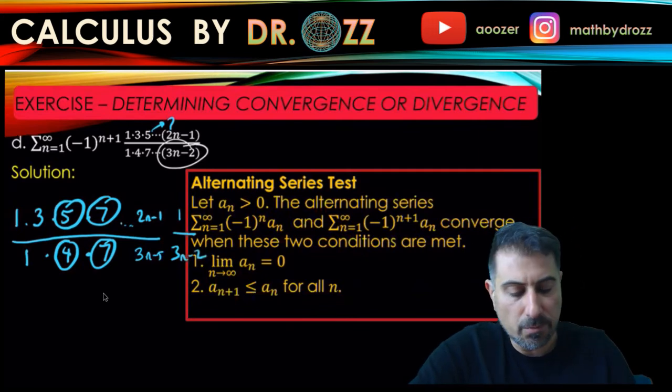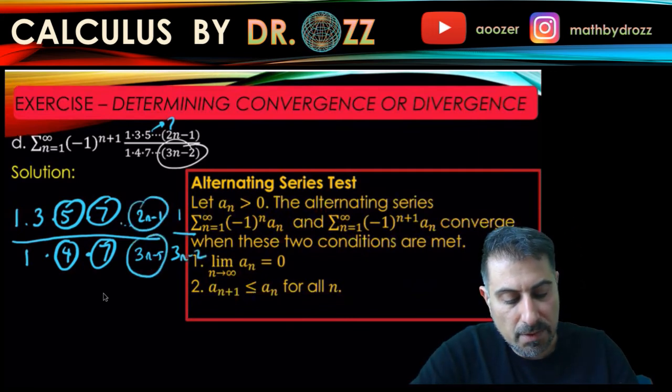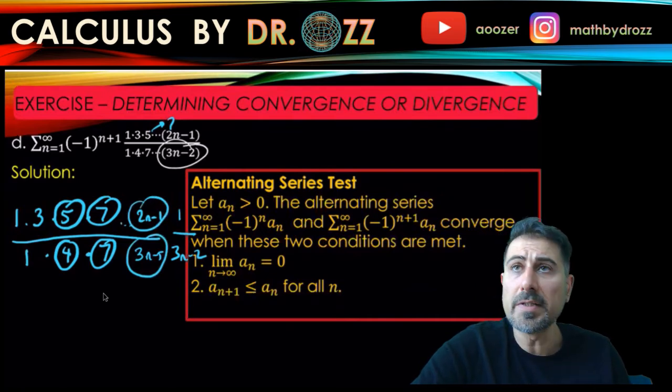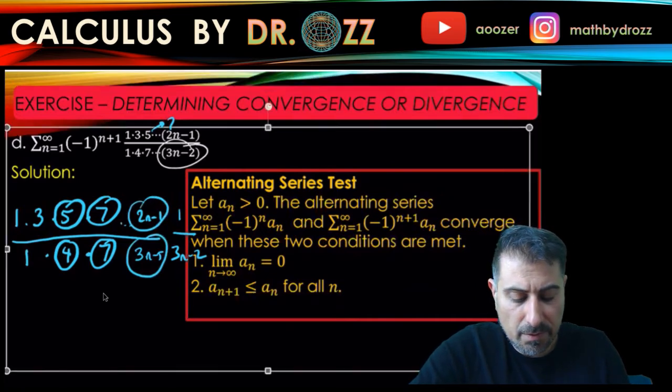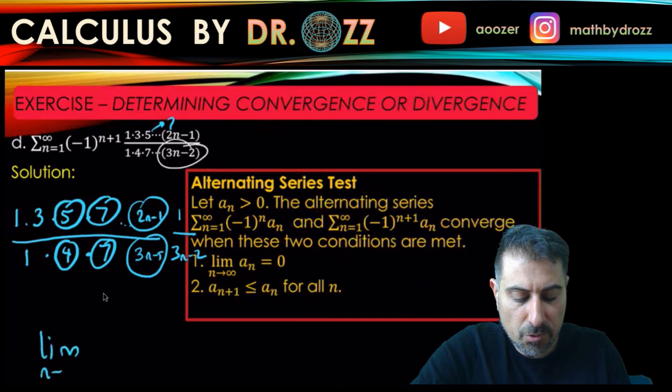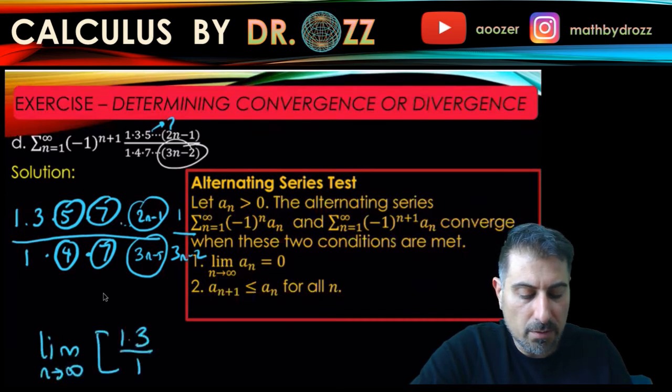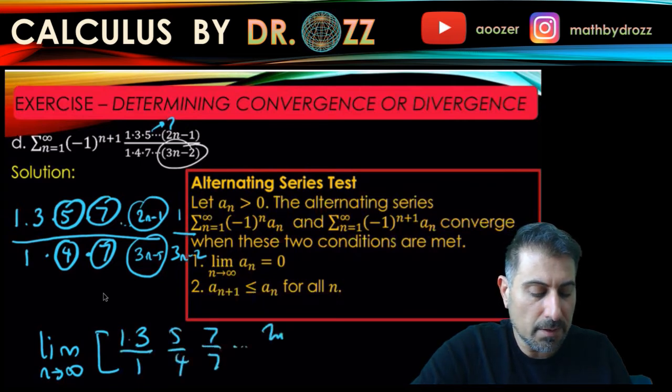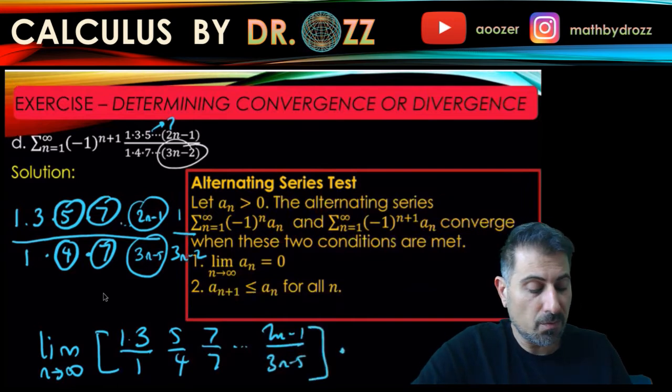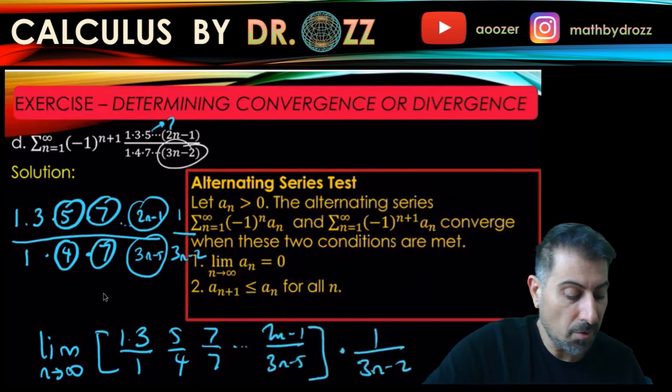So in other words, these numbers match when you pass the limit. So the limiting behavior is going to be the limit of this part here: 1, 5 over 4, 7 over 7, 2n minus 1 over 3n minus 5, times 1 over 3n minus 2.